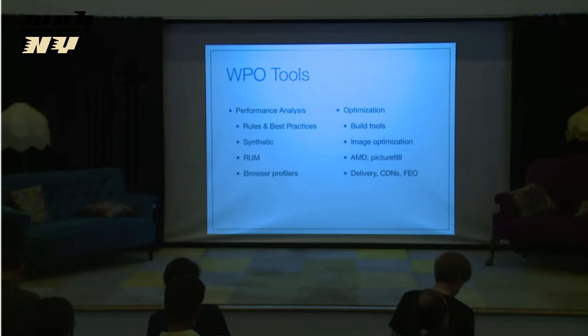So it will be both historical and go into depth with that. And then the second part is optimization tools, things that we can use to actually improve performance. And I will talk about a few different parts or areas of your work that you would need to pay attention to.